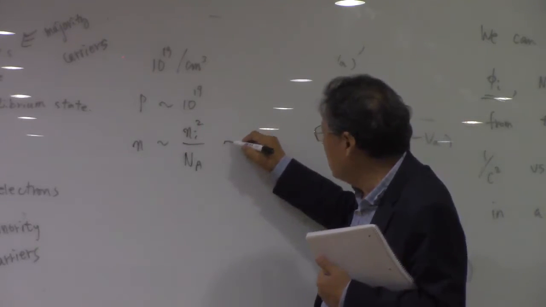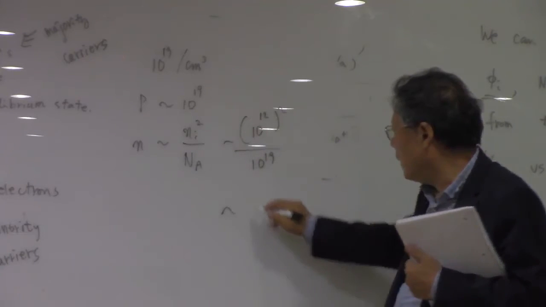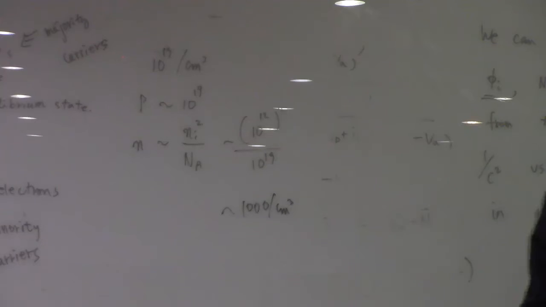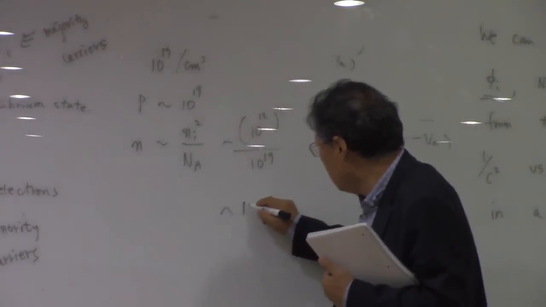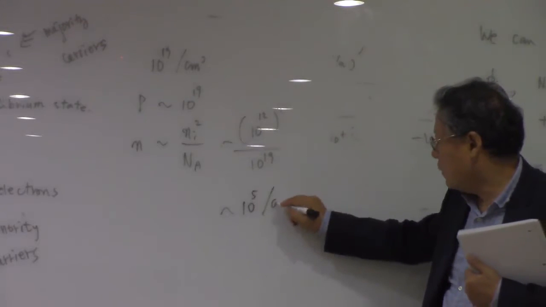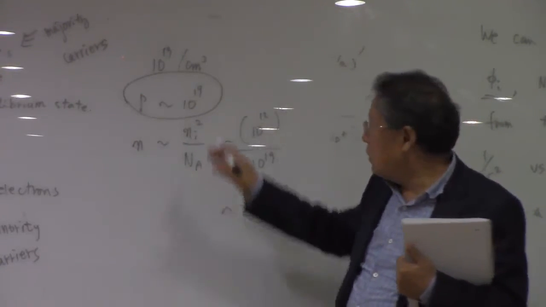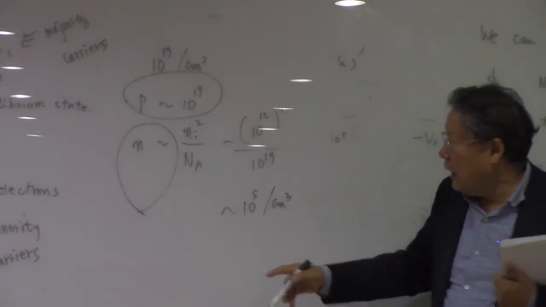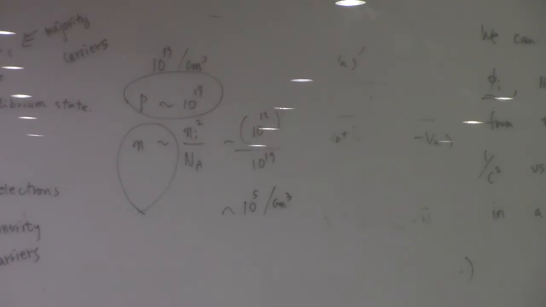So N_i is about 10 to the 10th, squared, over 10 to the 19th. That's not right. It is 10 to the 5th per cube. So the number of majority carriers in this P-type is 10 to the 19th, and the minority carrier here is only 10 to the 5th. So when you say majority and minority, we are saying a tremendous difference. Very much different numbers.